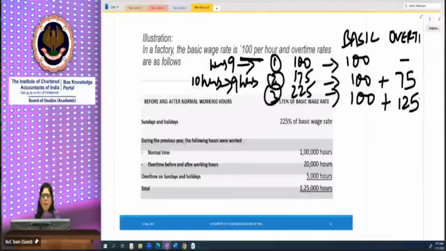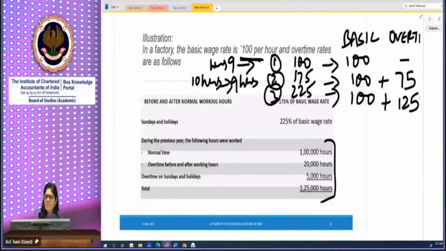Clear? Now these are the total hours they have given to you. Normal time is 1 lakh hours. Let us calculate the total wages of the entire organization. The 1 lakh hours are normal time, and the rate is 100. For overtime before and after working hours, it's 20,000 hours, so the rate is 175 including overtime.